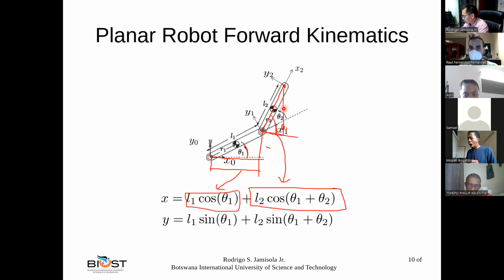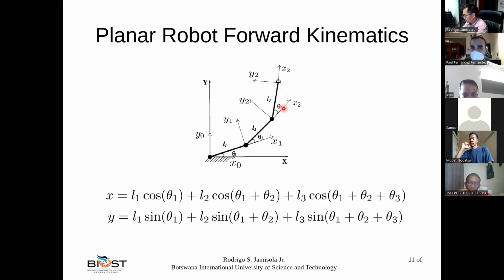Okay. So as you can see here in this scenario, for a planar robot with only 2 degrees of freedom, it's quite easy. We just use cosines and sines, and that's it. In the case of a 3-dimensional robot, things start getting complicated. Okay, so now we have this angle, and this angle. So the total x position of the robot will be the sum of all these distances.